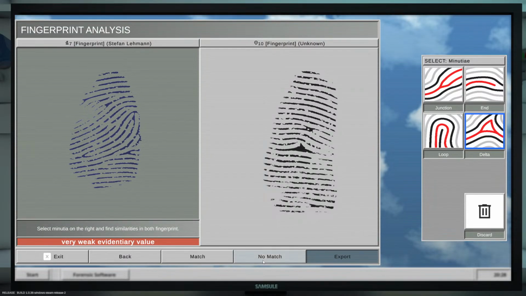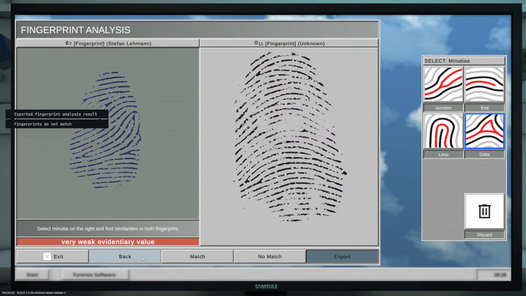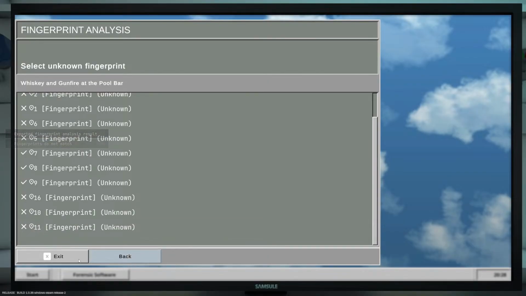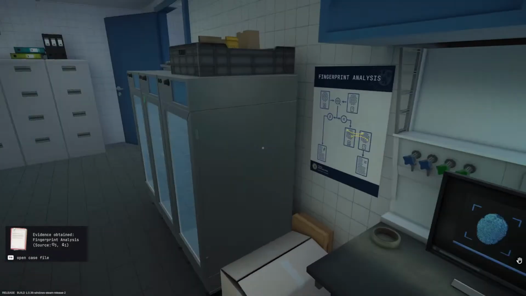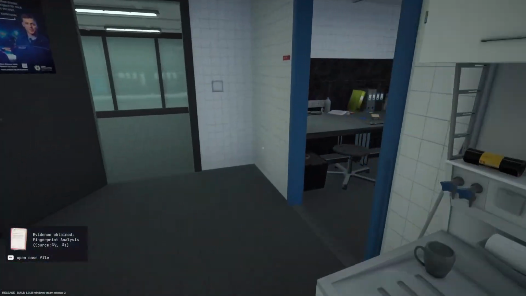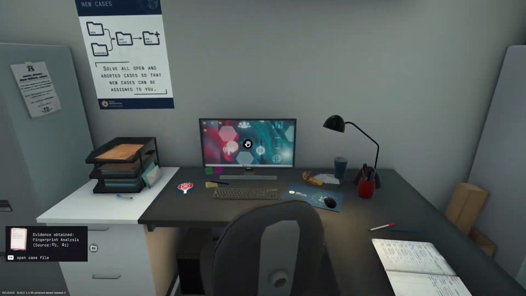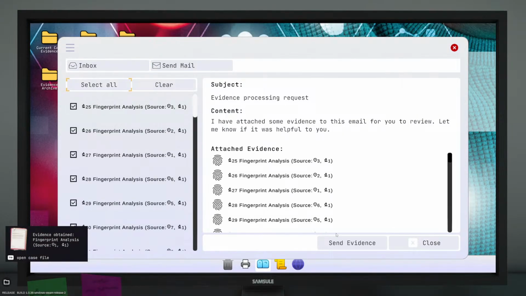Alright, last two here. No match. No match. Alright, let's go ahead. Got everyone there. Let's grab all of that. That was a lot of fingerprints. Let's go ahead and email those.